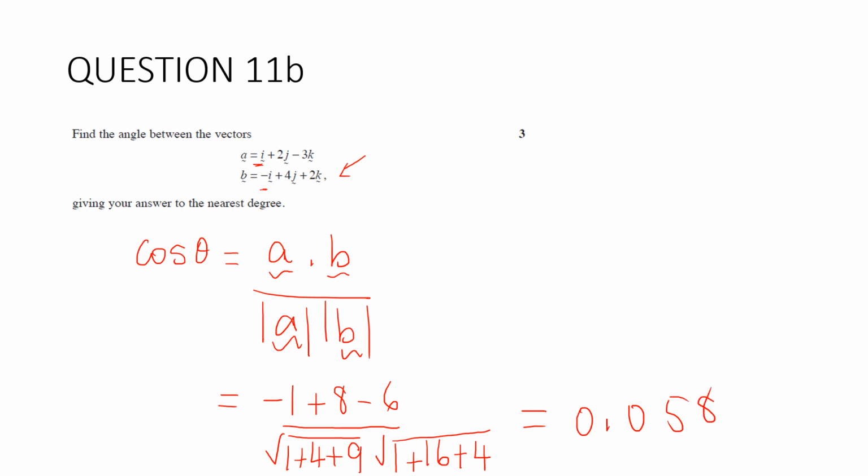And if I got my calculator in degrees, I do. So inverse cos of the answer, and we want it to the nearest degree. Theta is equal to 86.7 degrees, so that's approximately equal to 87 degrees.